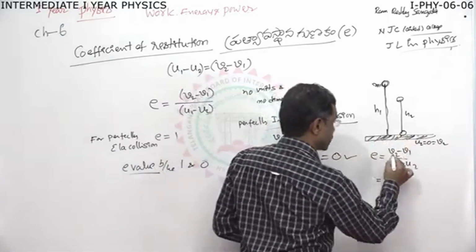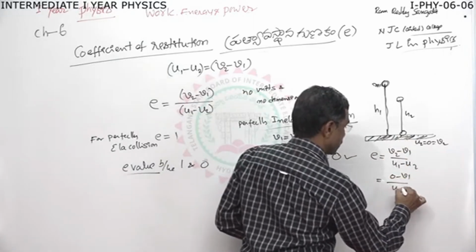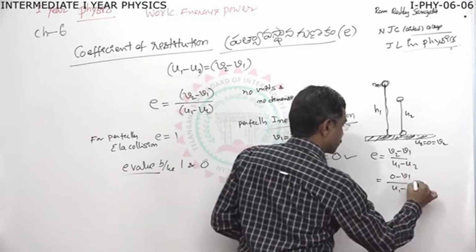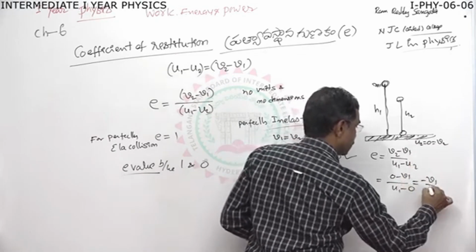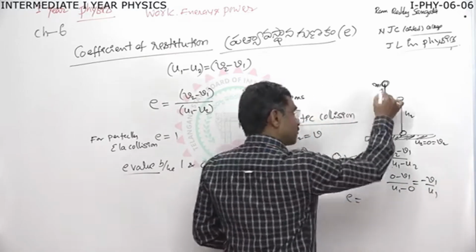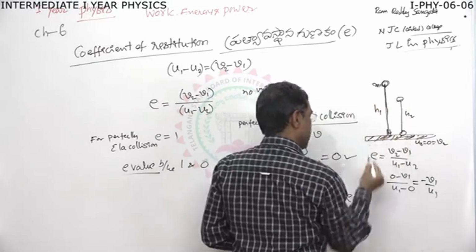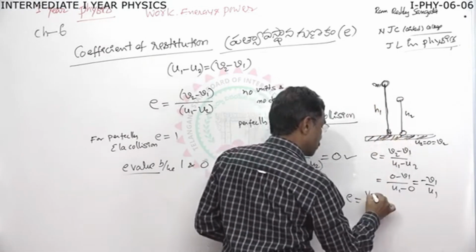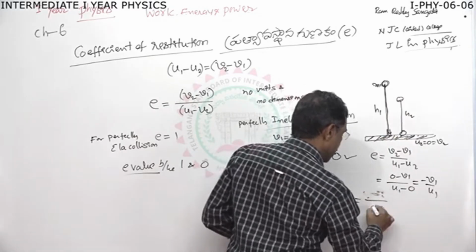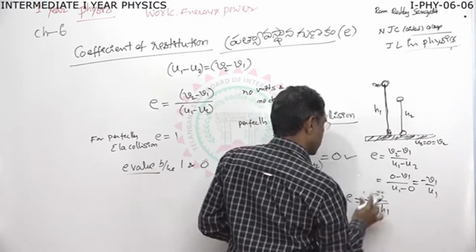So substitute and simplify. V2 value is 0, U2 is 0. So finally we have minus V1 by U1. Using basic kinematic equations, if it falls from height h1 as a freely falling body, the velocity u1 is root 2g h1.